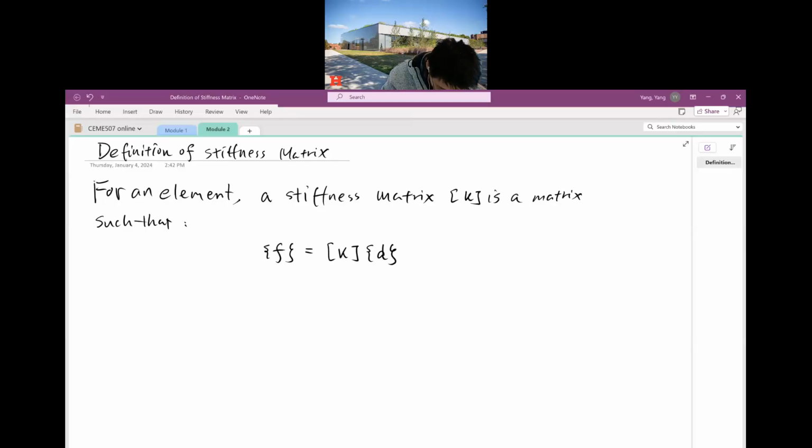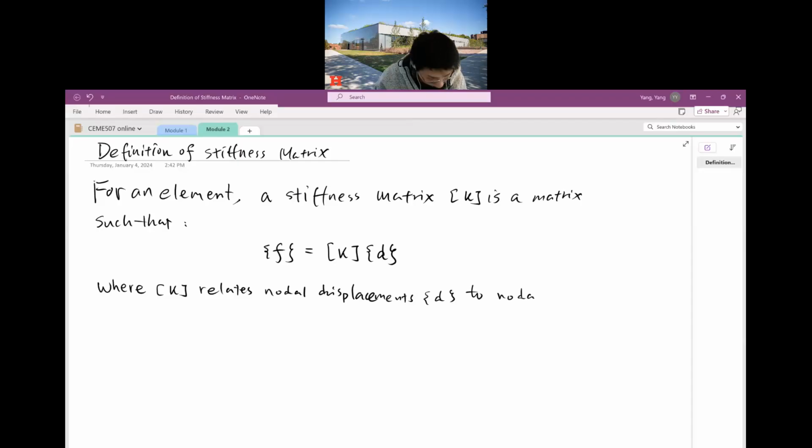So the k relates nodal displacements to nodal forces f of a single element here.